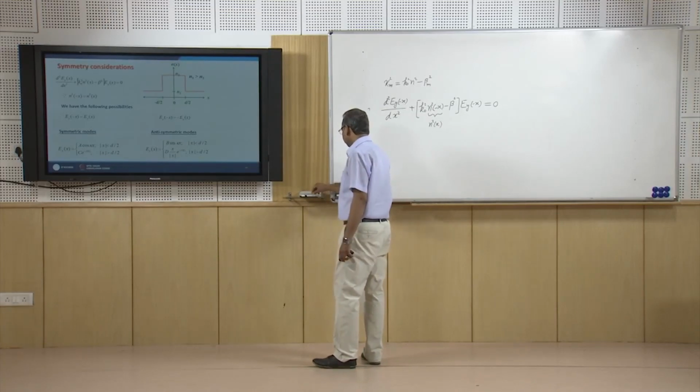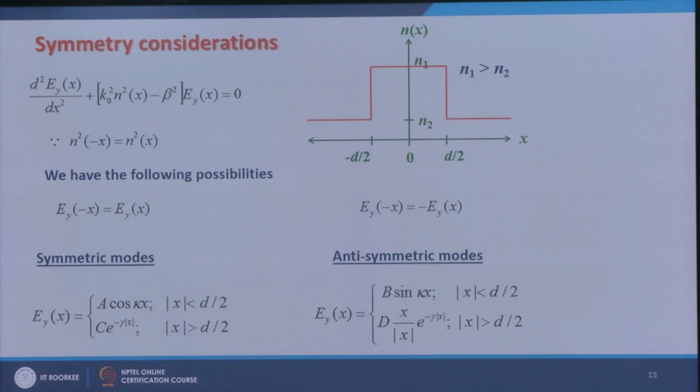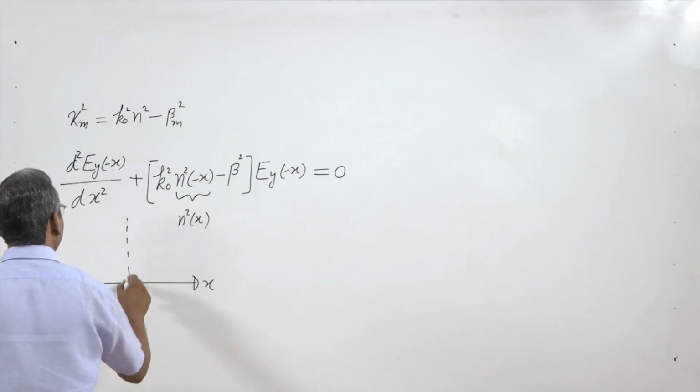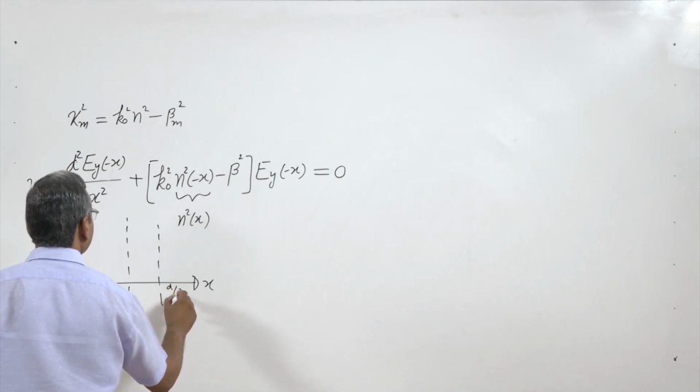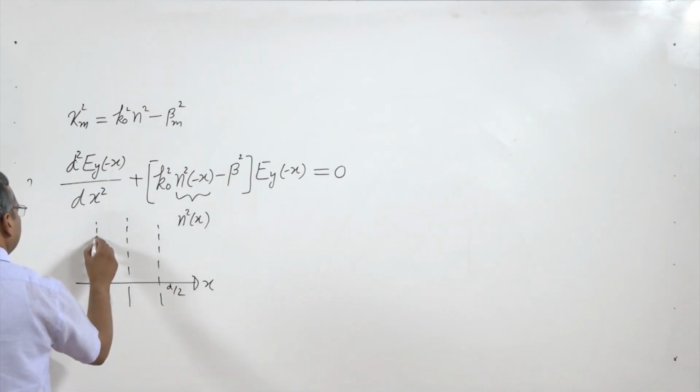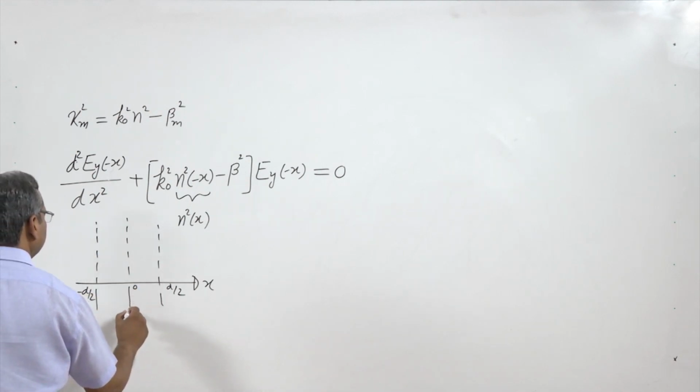What do I mean to say is this: if this is x, and this is d by 2, this is minus d by 2, this is x equal to 0.